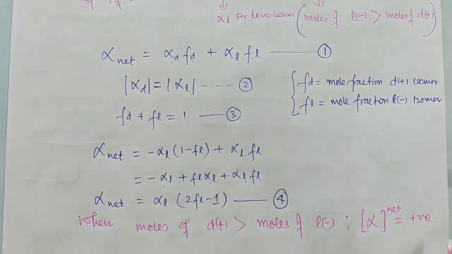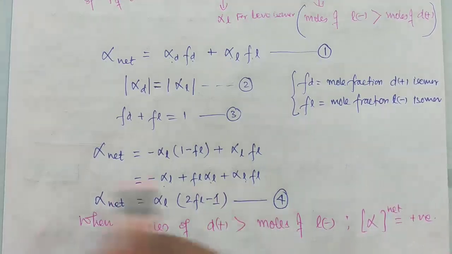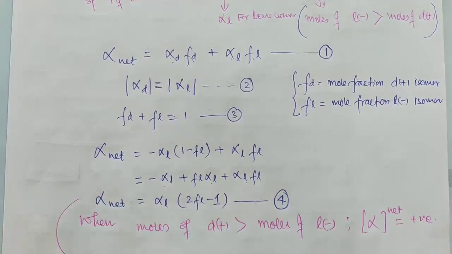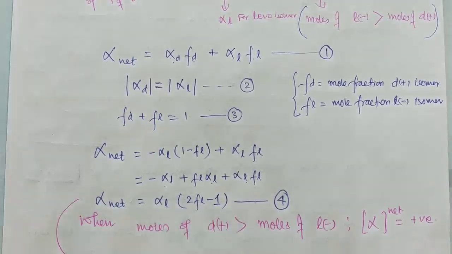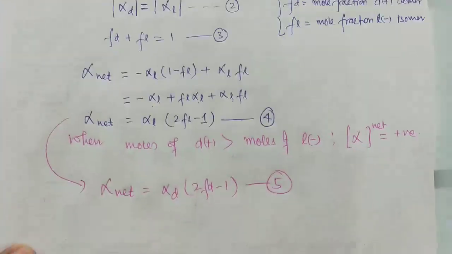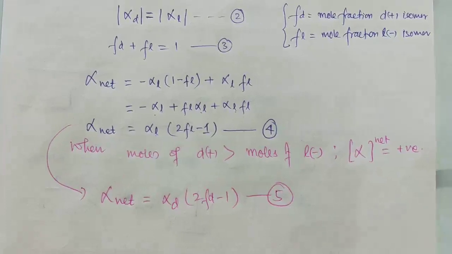So if this situation is given, you can transform equation 4 like this: alpha net is equal to alpha D, in place of L you write alpha D, and 2FD minus 1. This is equation 5. So now it is clear, you should use equation 4 when levo isomer is more, and use equation 5 when dextro isomer is more.